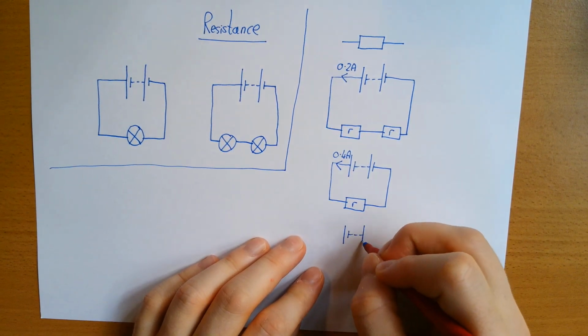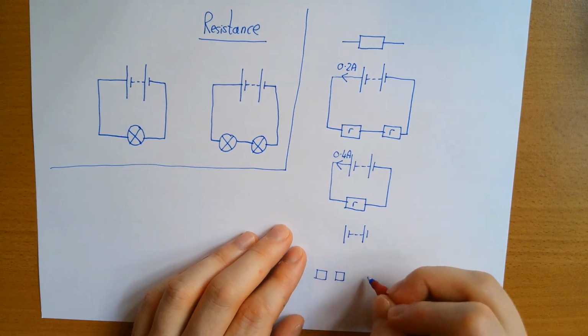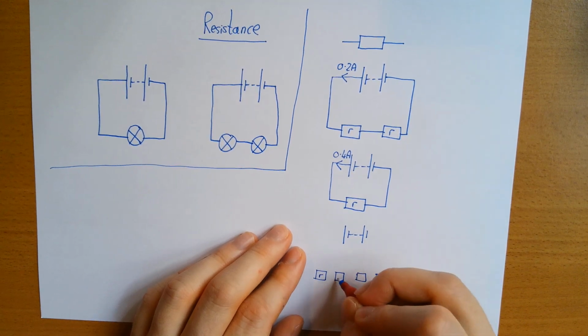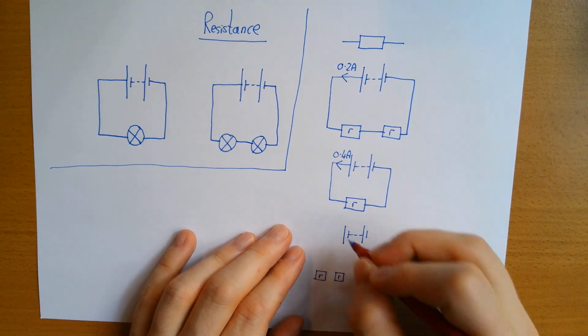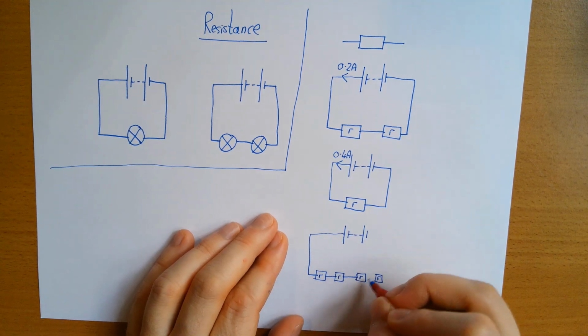And if you put a lot of resistors in, 1, 2, 3, 4, but all with the same resistance of R. I know I've drawn them physically smaller, but that doesn't matter.